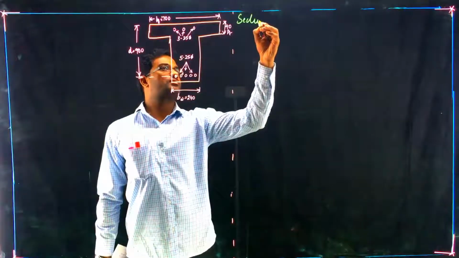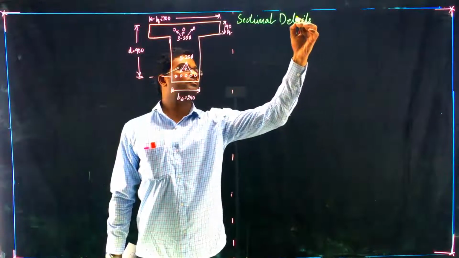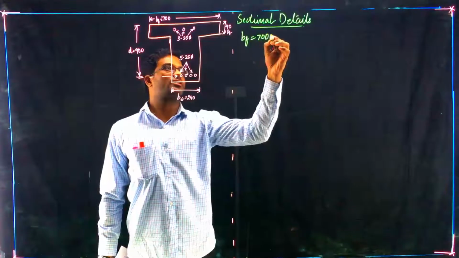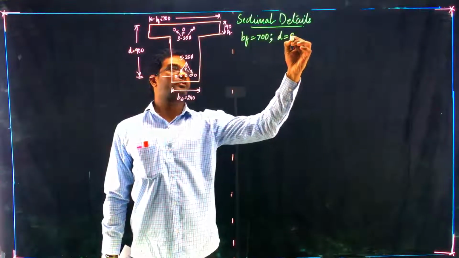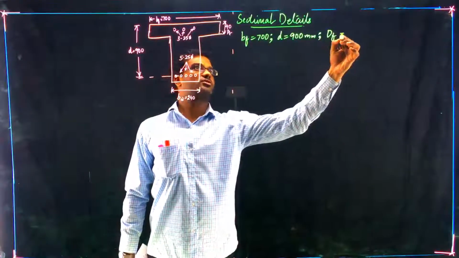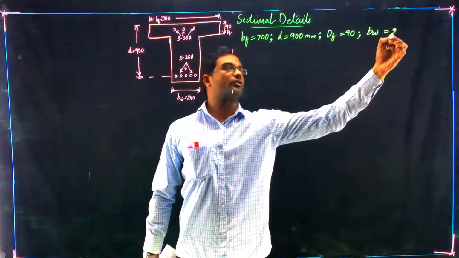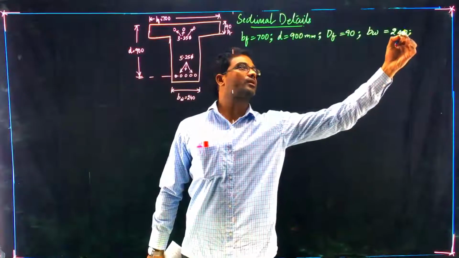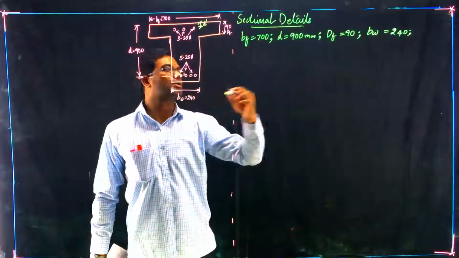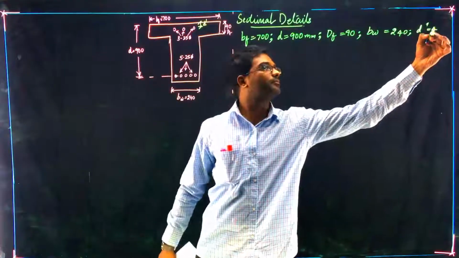Sectional details are: breadth of flange equals 700, effective depth equals 900 mm, depth of flange equals 90, breadth of web equals 240, and you are also given D dash, which is nothing but 40 mm.